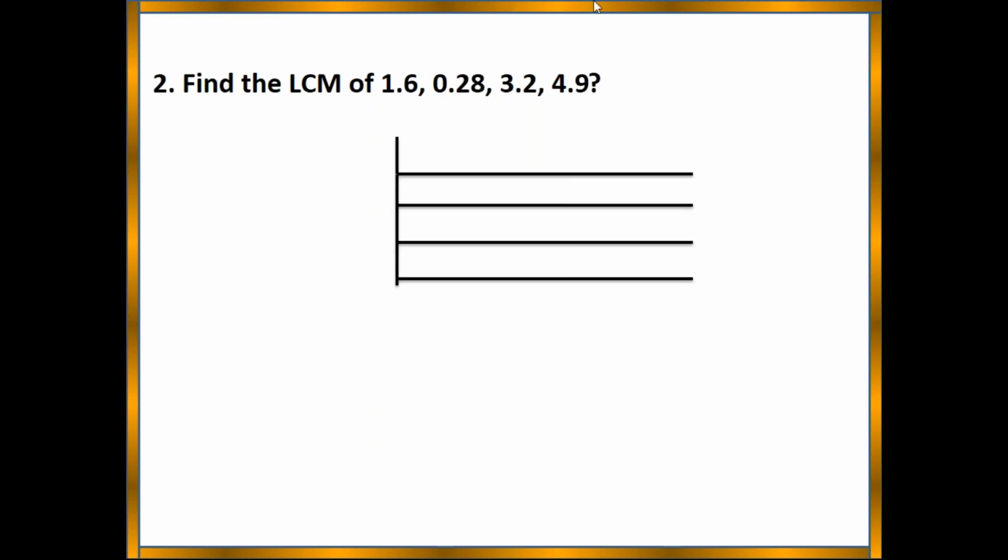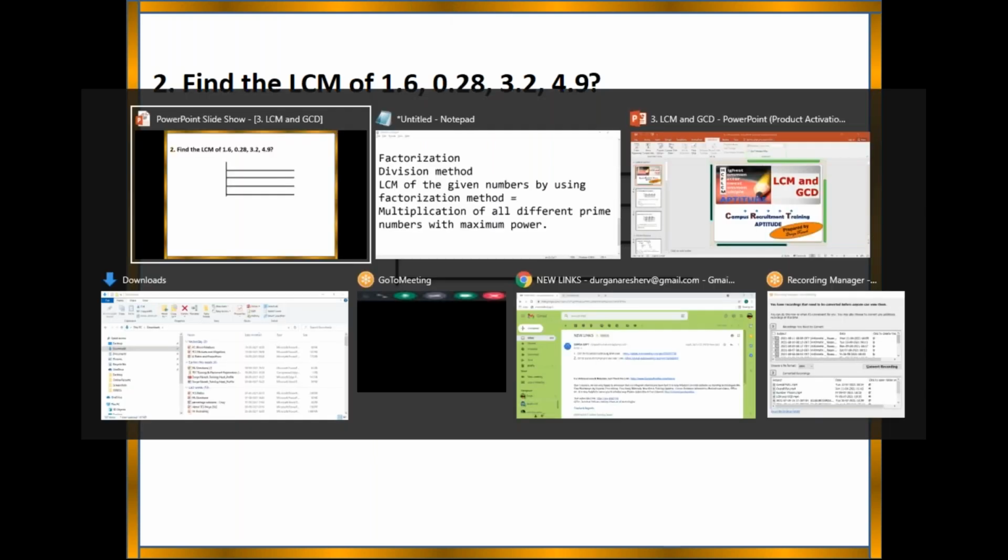So while dealing with decimal numbers, it is very difficult to divide two numbers at a time. That is the reason, first of all, we have to convert the given decimal numbers into integers by multiplying with 10 or 100.